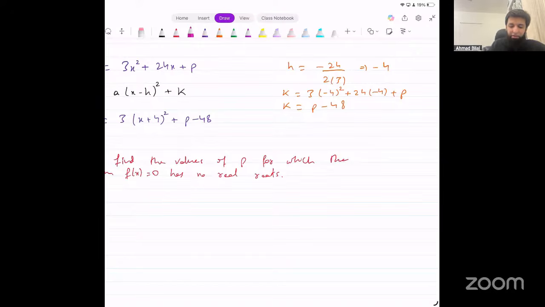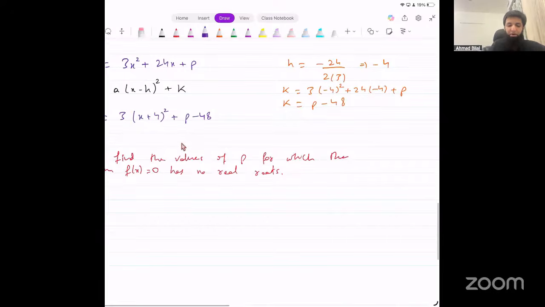Now, you could apply the discriminant on this form directly as well, and that's okay. You could say, in this form, put b square minus 4ac less than 0. You'll get an inequality from that, solve that inequality, and that will be allowed in such problems.